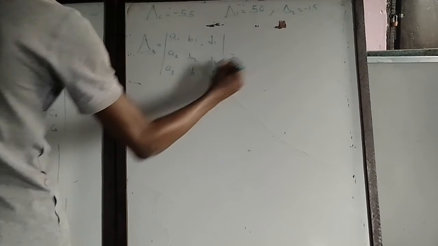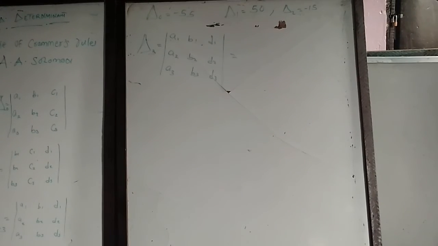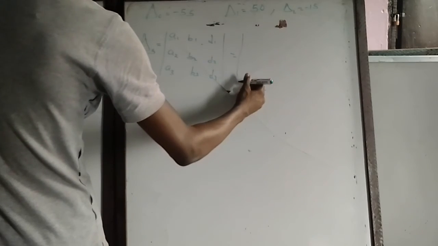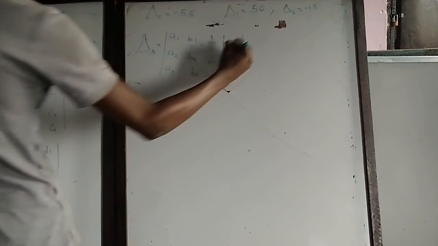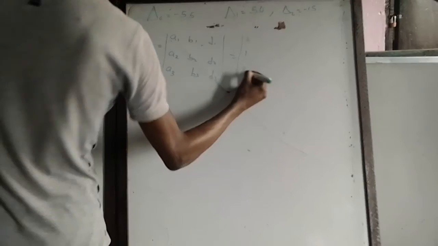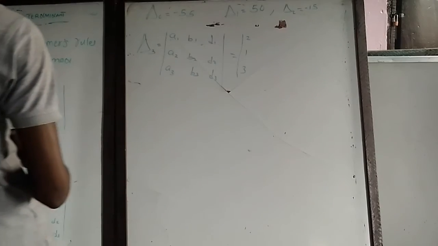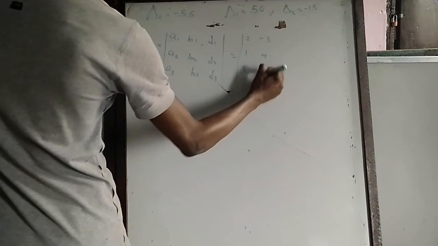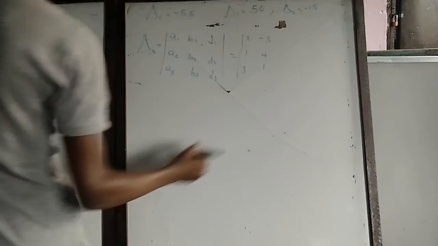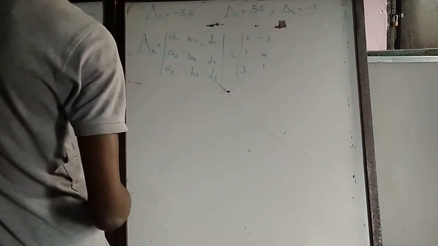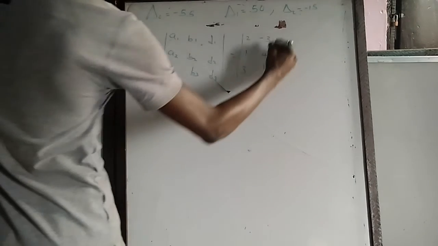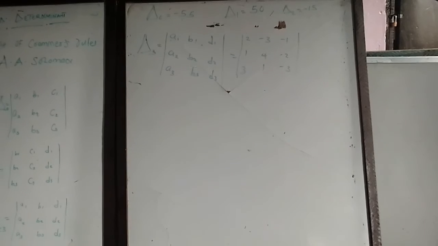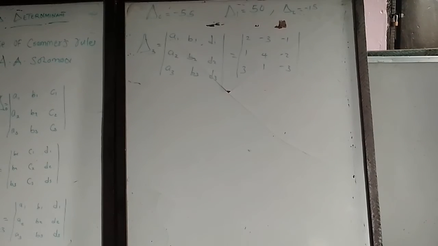So equals to, we are going to have 2, 1, 3, then minus 3, 4, 1, then minus 1, minus 2, minus 3. Do we understand? In the question.